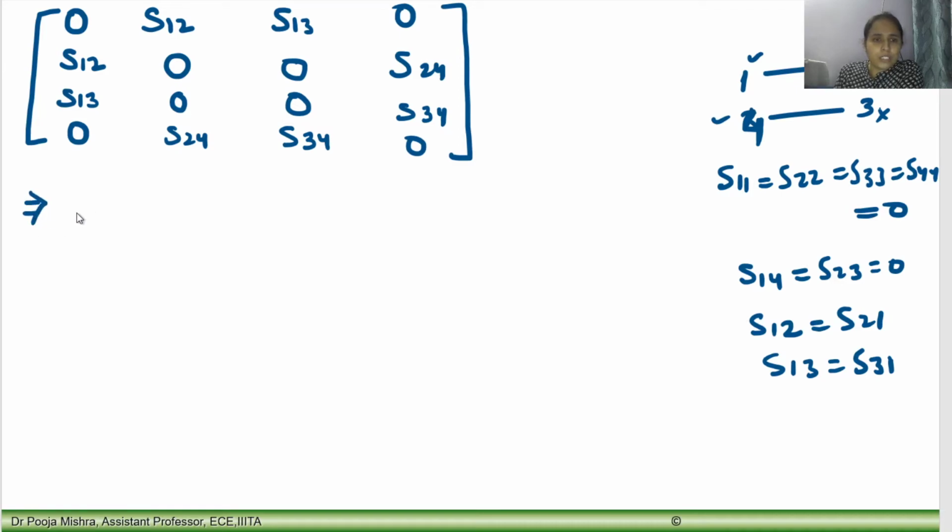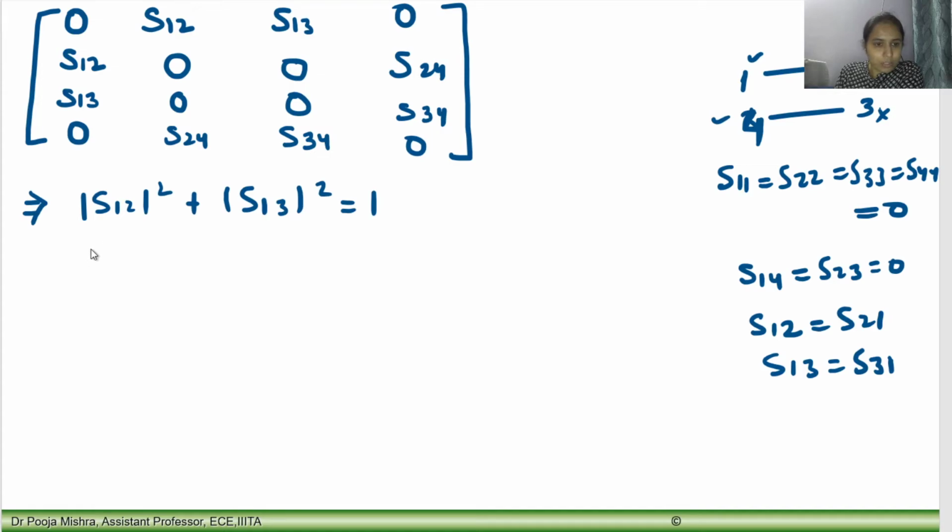So how do we start? I have shown you that the reciprocity condition we have already applied. Another property of the scattering matrix is its unitary property. So first we'll apply the unitary property here. What does the unitary property say? That mod S12 square plus mod S13 square is equal to 1.